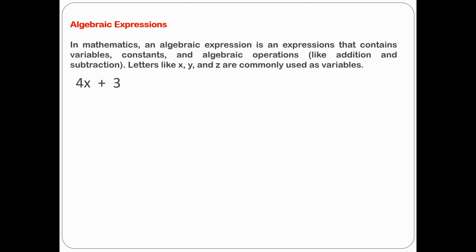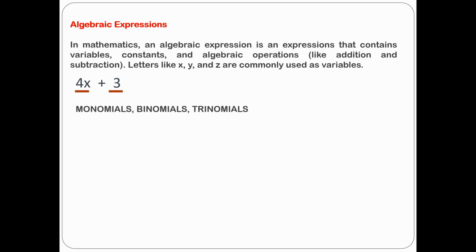In that expression, it has two terms. The first term is 4x and the second term is 3. So in that expression, x is the variable while the numbers 4 and 3 are the constants. In algebraic expressions, we have what we call monomials, binomials, and trinomials.